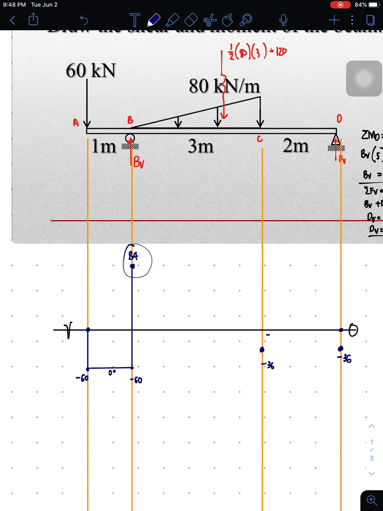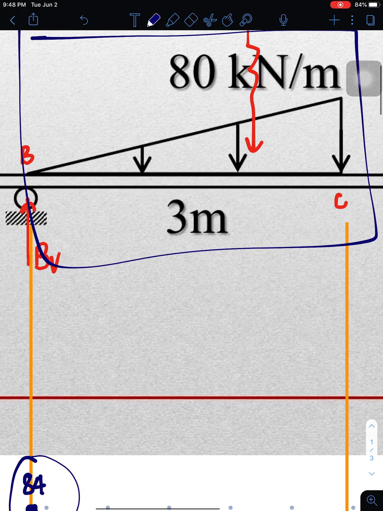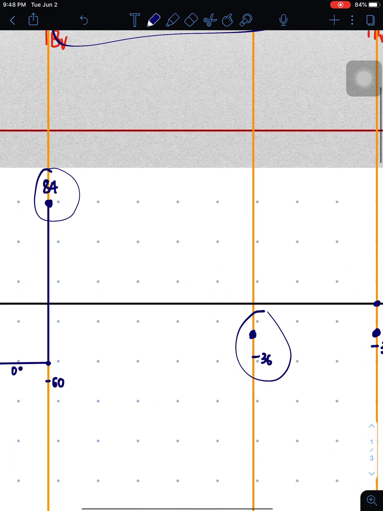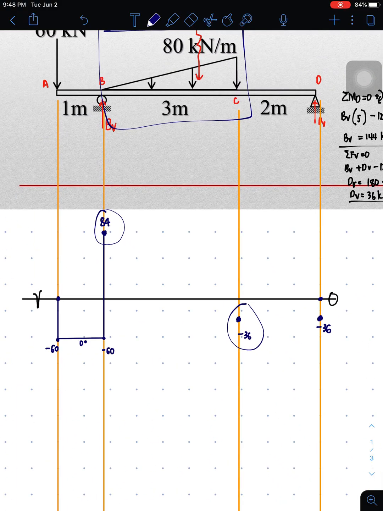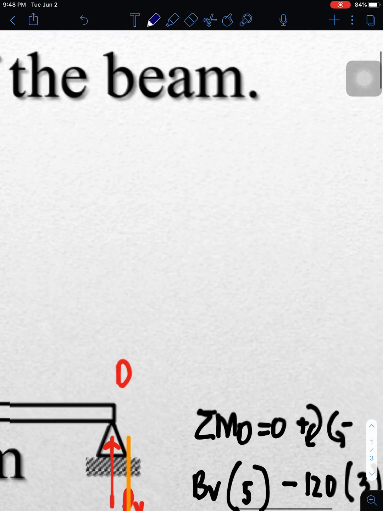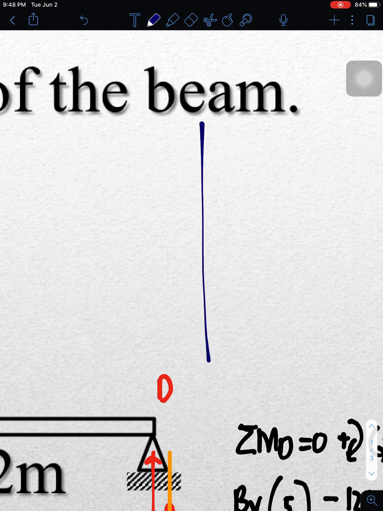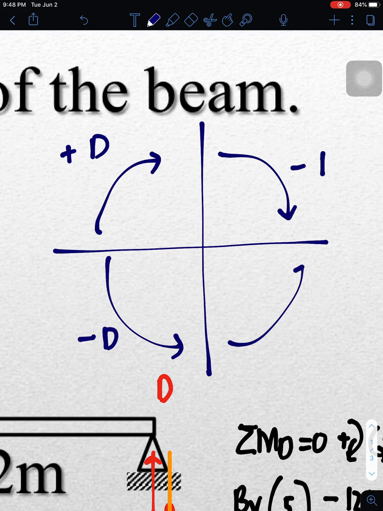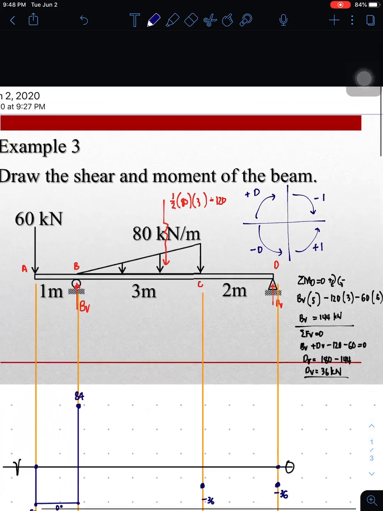Afterwards, connecting 84 and negative 36, all we have to remember is the load here. The load has a first degree line, meaning the curve between 84 and negative 36 is a second degree. So for a second degree line, we have to remember the things about plotting it. This is positive decreasing, this is negative decreasing, this is negative increasing, this is positive increasing.